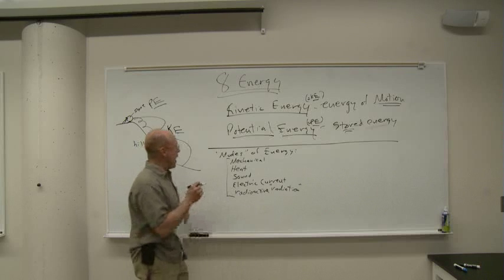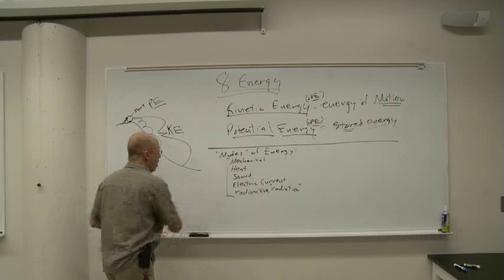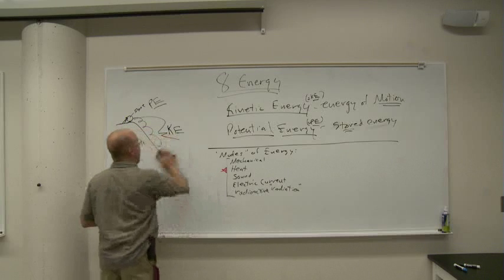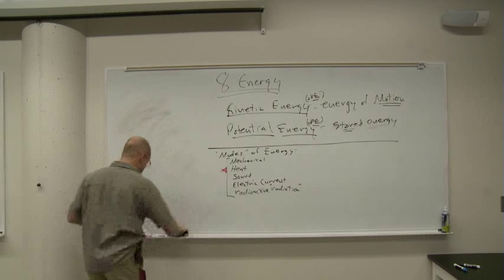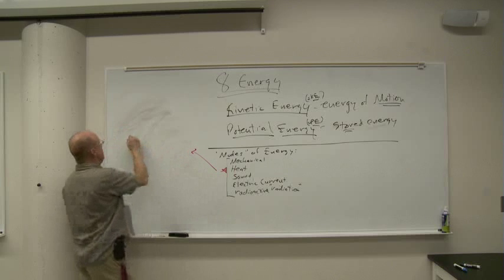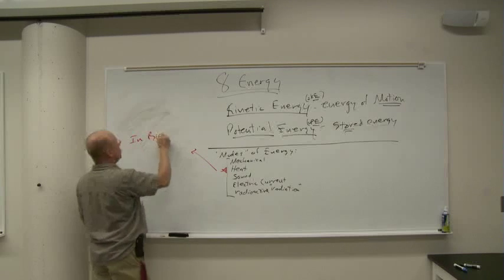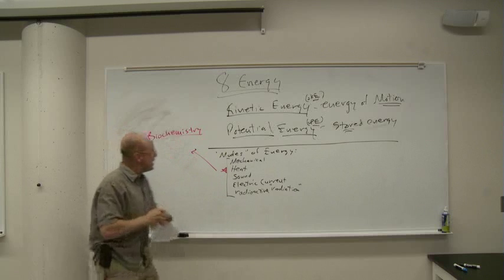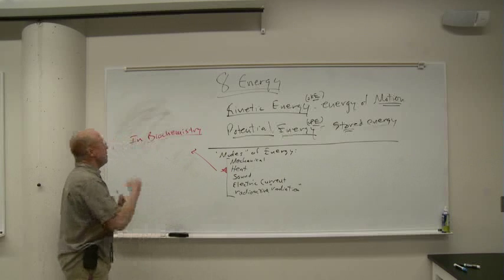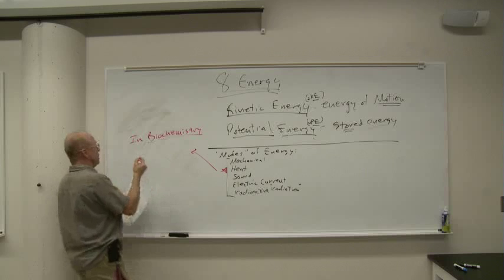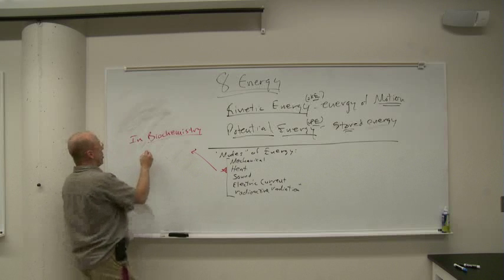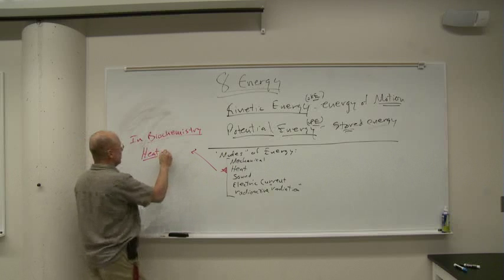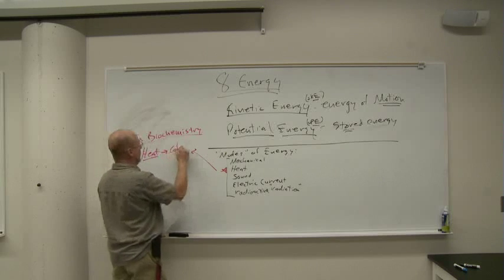And the one that I want to put a star by in biology is that our standard measurement of energy, in biochemistry, the unit of measure is something called the calorie. So it's heat energy, and the unit is the calorie.